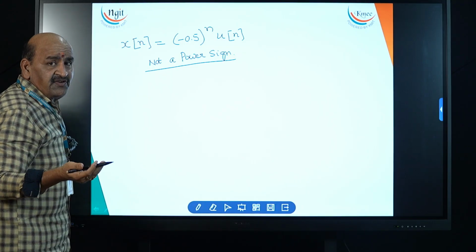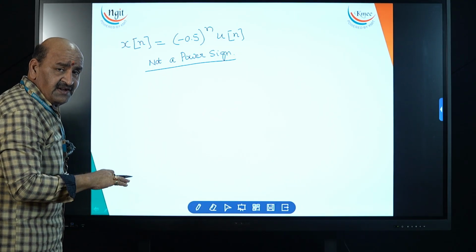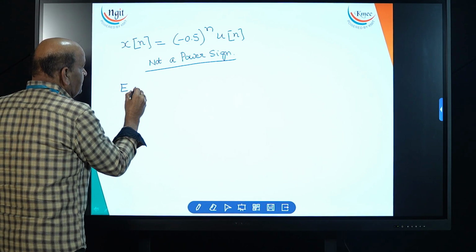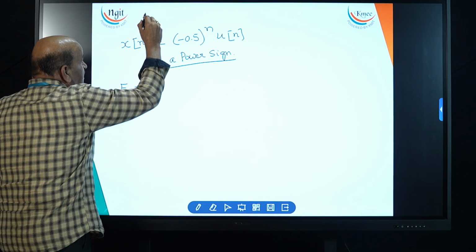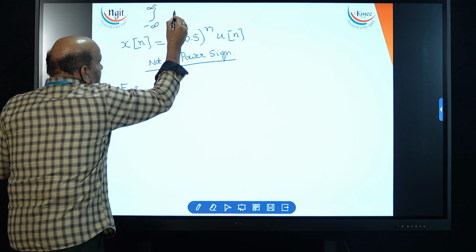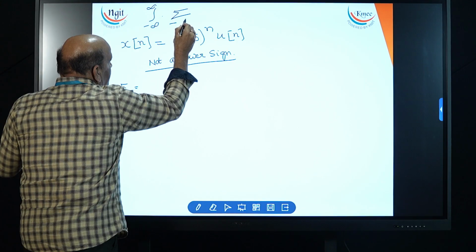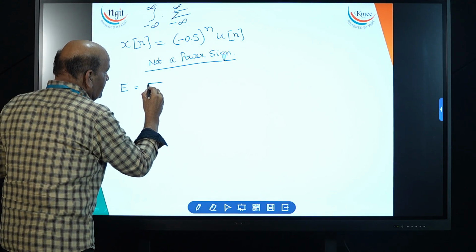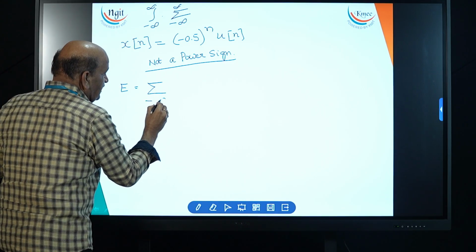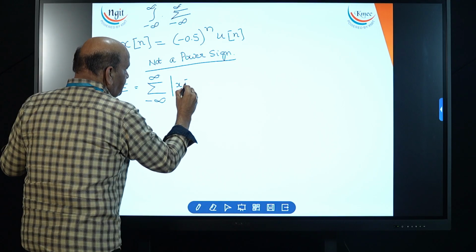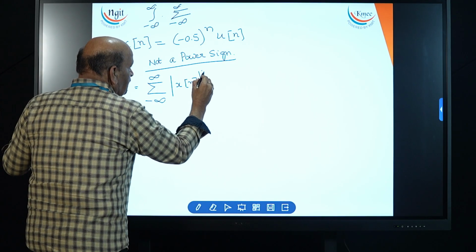Next, we are checking whether it is an energy signal or not. For energy calculation, in continuous time we use the integral from minus infinity to infinity, but in discrete time we use summation from minus infinity to infinity. That is the only difference. So energy is the summation from minus infinity to infinity of x of n whole square.